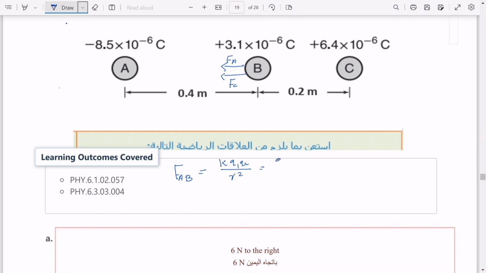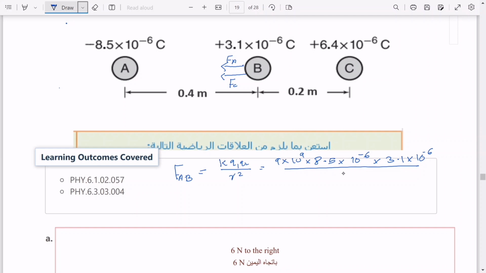Here the value of K is always 9 into 10 to the power 9, multiplied by Q1, that is 8.5 multiplied 10 to the power negative 6, and Q2, that is the charge at B, 3.1 multiplied 10 to the power negative 6, divided by the square of the distance.